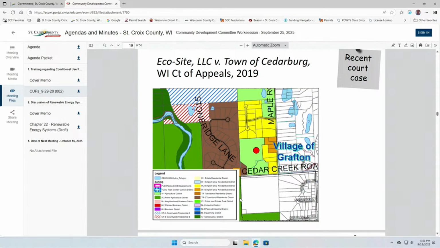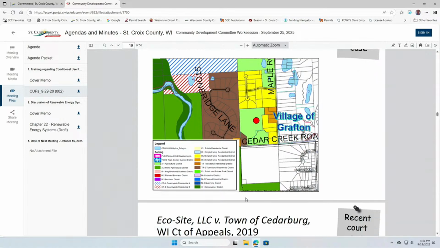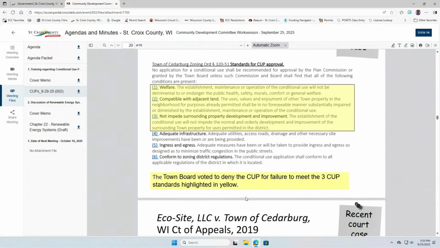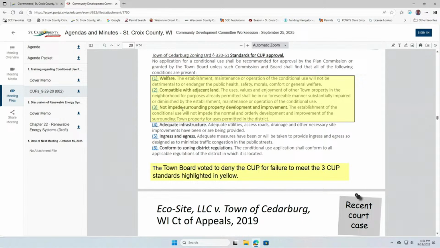Okay, so here's just another court case, 2019, Echo Site versus the Town of Cedarburg. Again, the town board denied the CUP for failure to meet three standards: welfare, compatibility, and the impeding of surrounding development and improvements. These were the standards they had in their ordinance, similar to the ones you see us use in our conclusions of law all the time.